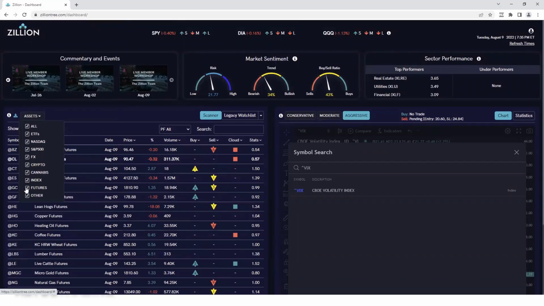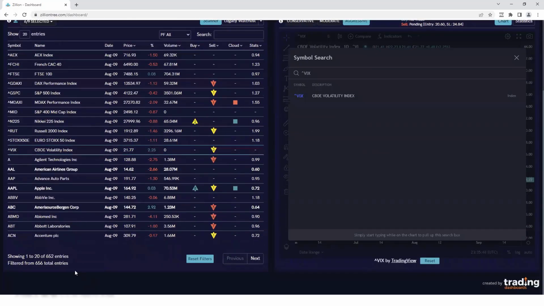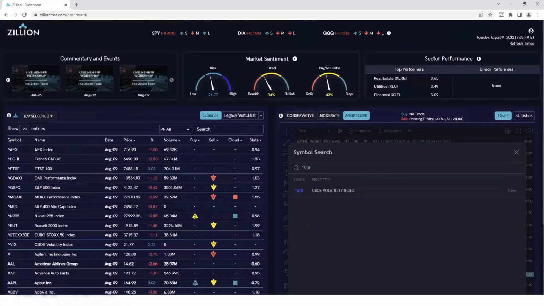So we're not going to look through all of them. Obviously, we'll just take out futures, maybe take out cannabis, and let's take out other, keep the rest of them in. So we're still looking through about 650 symbols, more than enough to find opportunities.